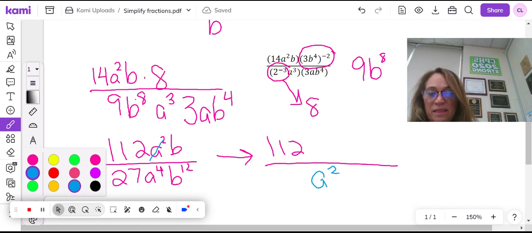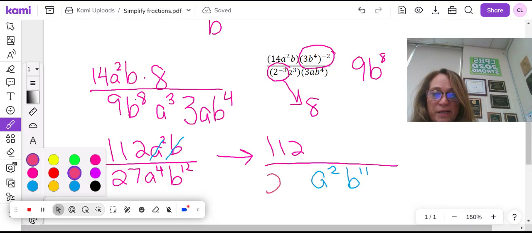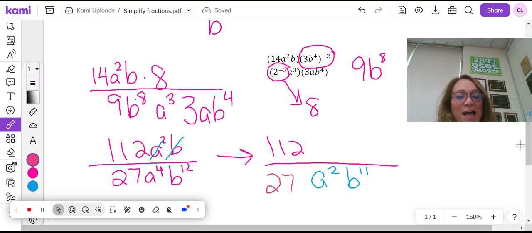And then this b is going to leave me with b to the 11th in the bottom. Okay, and then I'm just going to copy the 27. So that should be it. That's simplified. They're kind of hard to check because there's more than one letter, but if you just kind of go back and talk yourself through it, you should be okay.